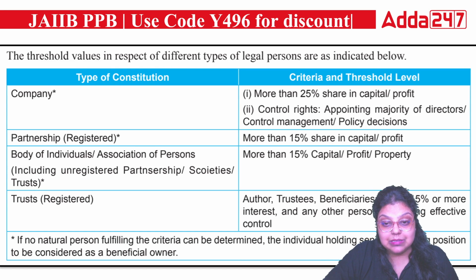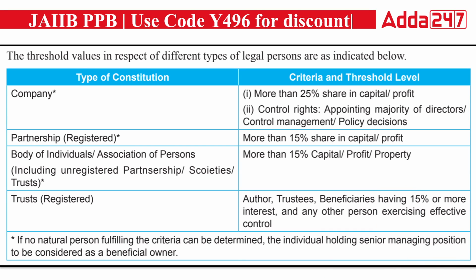If any person holds it, that person will be known as beneficial owner. Third, body of individuals or association of persons, in that case, if any person holds more than 15% capital, profit or property, that person will be a beneficial owner. And in case of a trust, the author, trustee, beneficiary having 15% or more interest and any other person exercising effective control, in that case that person will be known as beneficial owner.